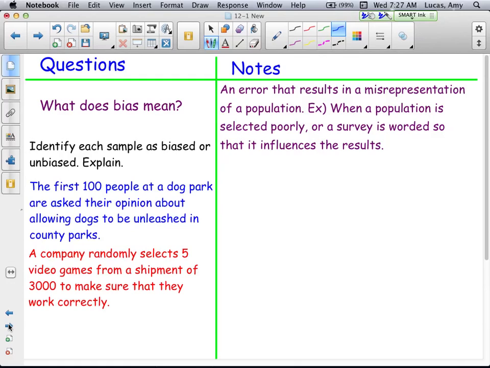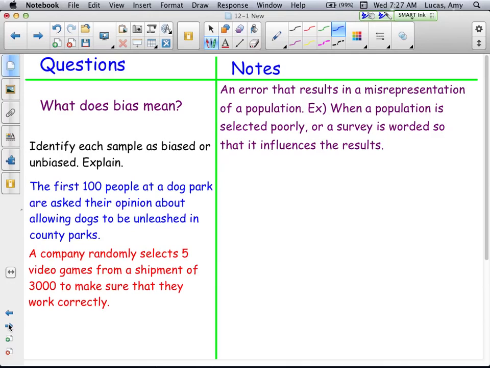You should also make sure that you're not asking all boys or asking all girls. Having a good representative population would be unbiased. If your population is not representative of the group, if it's selected poorly, that would mean it's biased.